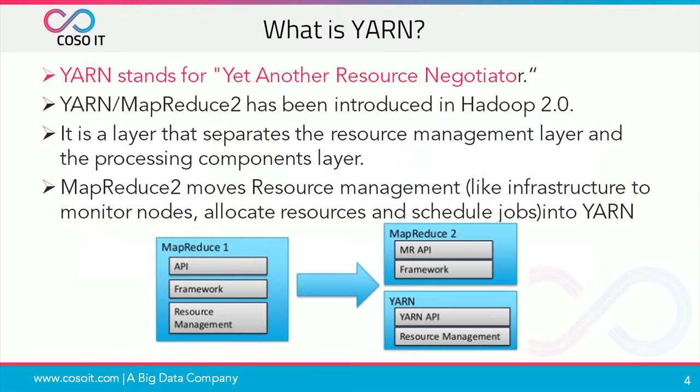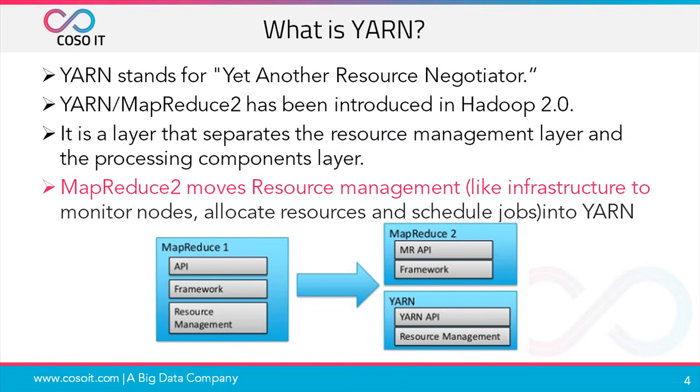YARN stands for Yet Another Resource Negotiator, and it has been introduced in Hadoop 2. As its name suggests, it is the layer that separates the resource management layer and the processing components layer, which in earlier version was bound in one layer.